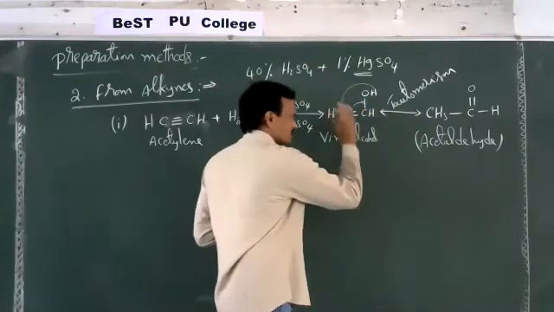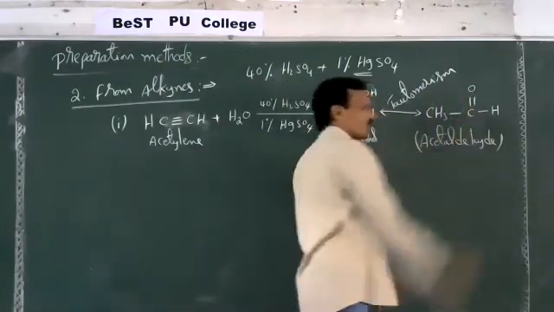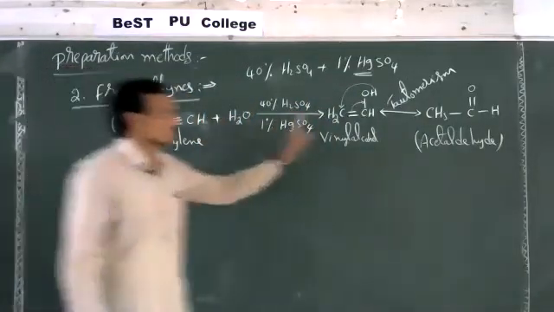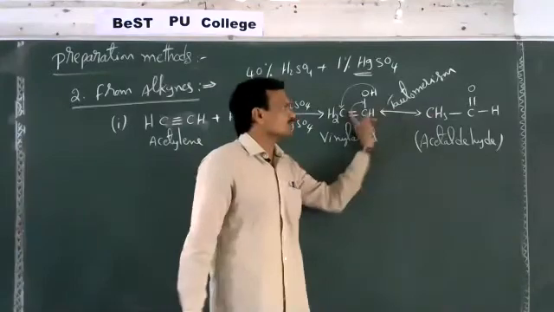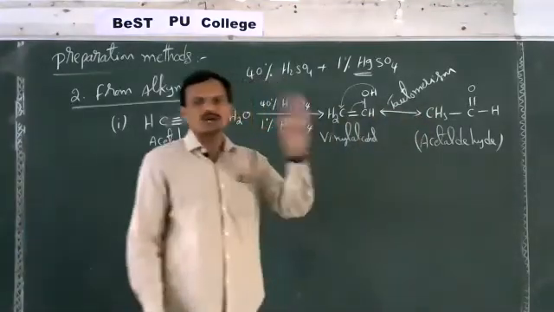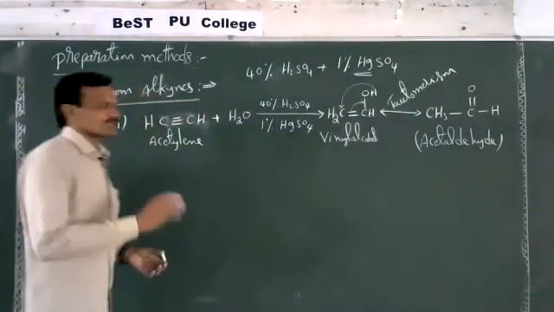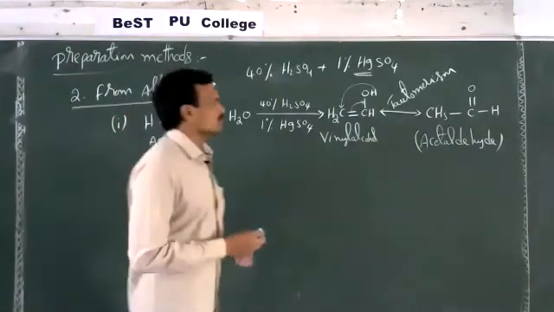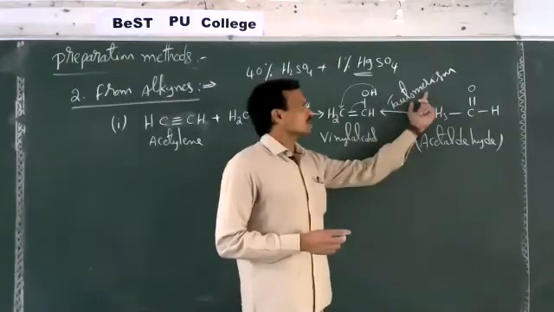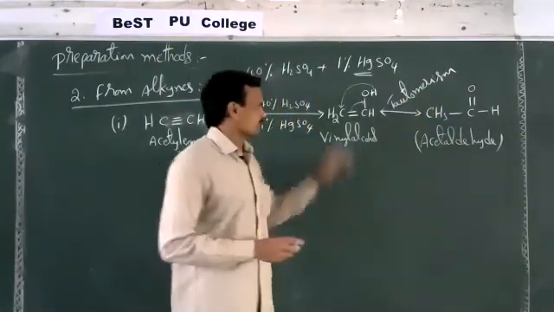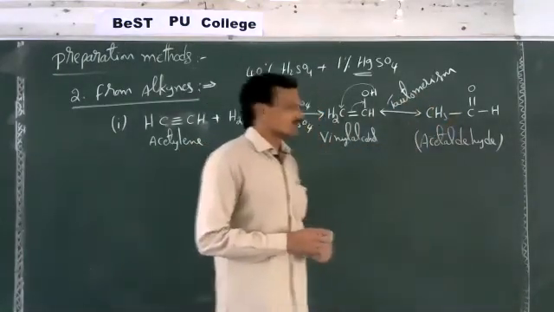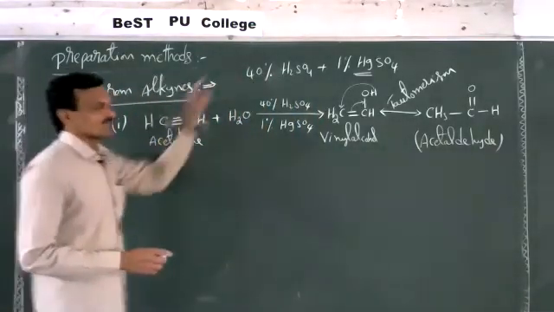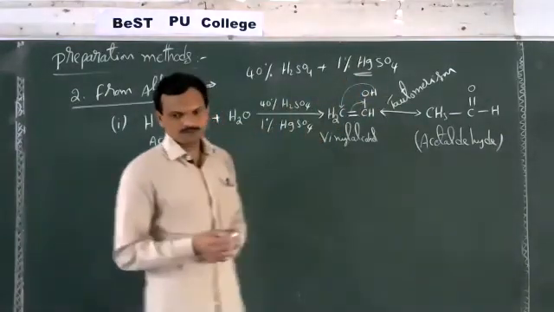Then this enol becomes a keto compound, known as keto-enol tautomerism or keto-enol isomerism. That is also called desmotropism. Different names are there, but the commonly used term is tautomerism. Then we get acetaldehyde. So addition of water to acetylene finally gives acetaldehyde.